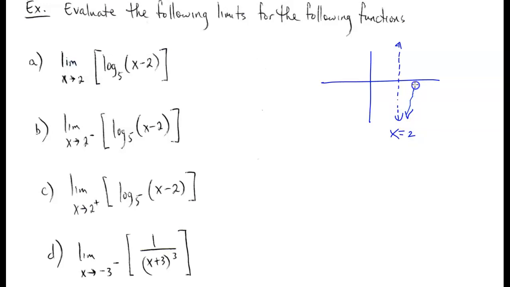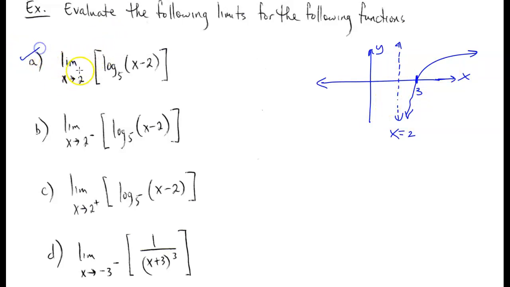And our basic logarithm function would look something like this. And of course, this would always cross the x-axis 1 unit from where the vertical asymptote is. So now that I have a graph of what log base 5 of x minus 2 looks like, I can literally just look at this graph and answer questions.